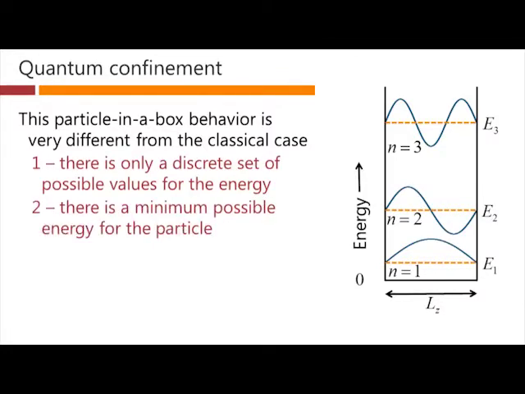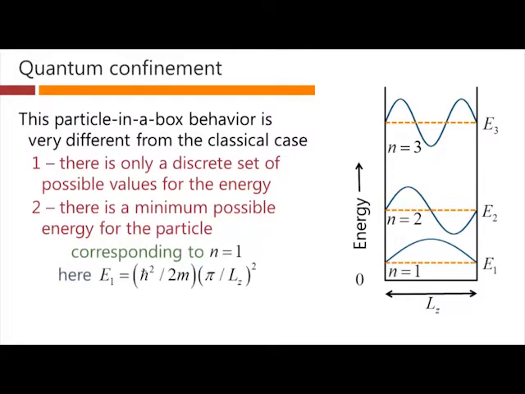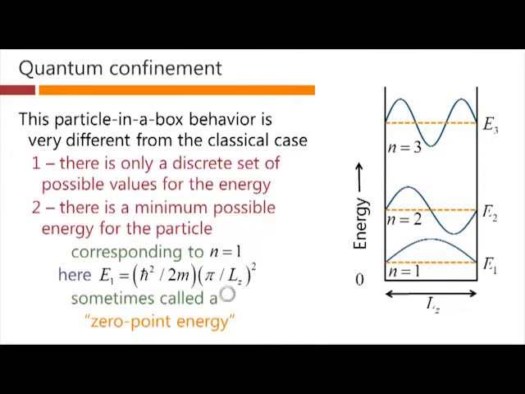And secondly, there is a minimum possible energy for the particle, here corresponding to the n equals 1 case. And that energy is the formula we have here. Note that there is no way of getting below this energy, and this energy is sometimes called a zero-point energy. And it comes about because of the quantum confinement we are doing.